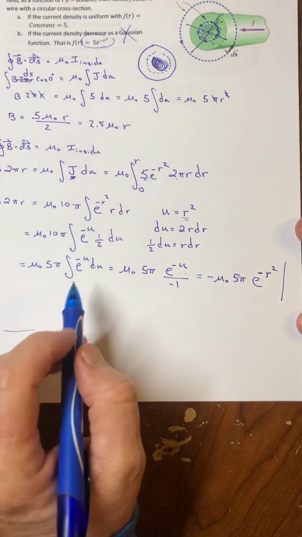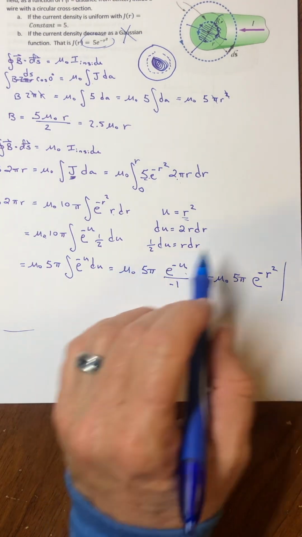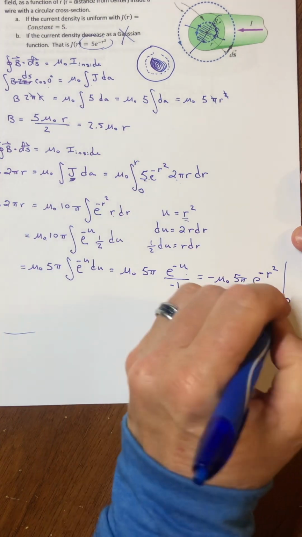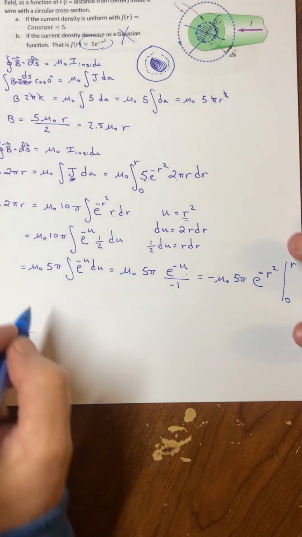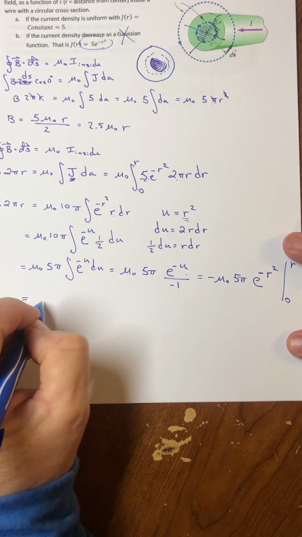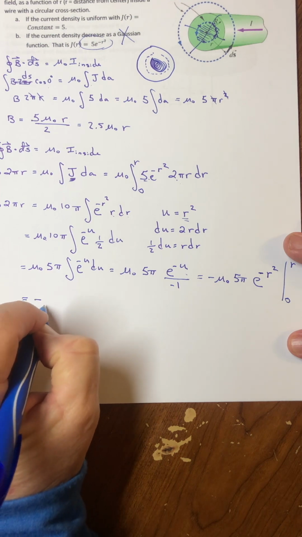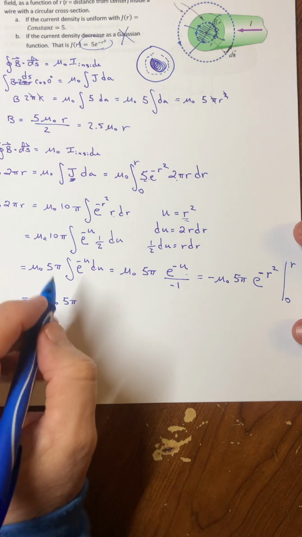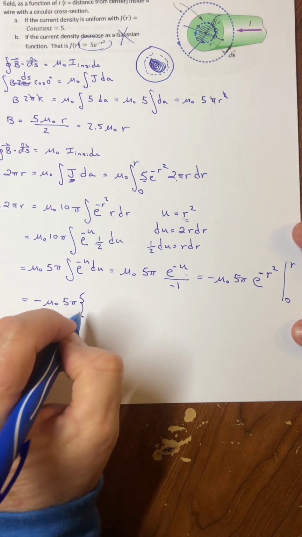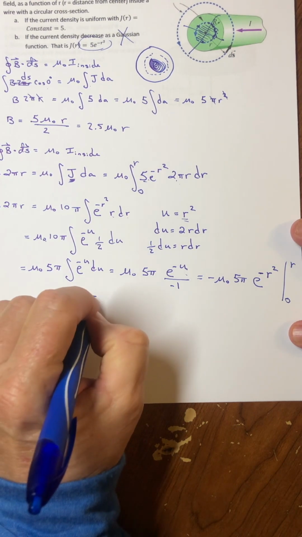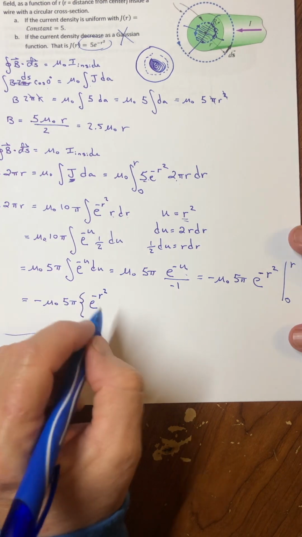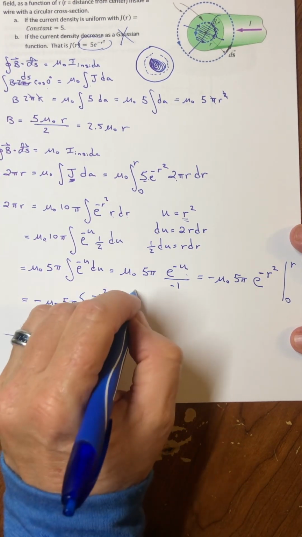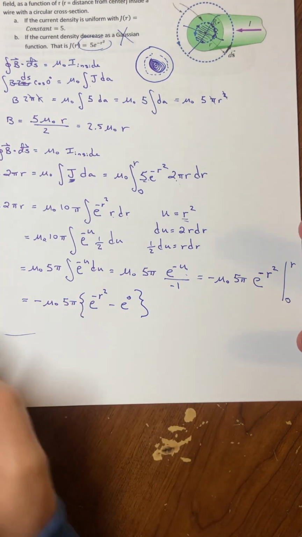And with that in mind, I can go back to say what were my limits, and I originally wrote them right there, 0 to r. Okay, so this would be minus mu naught 5 pi. And it looks like I would have e to the minus r squared minus an e to the 0, which of course is a 1.